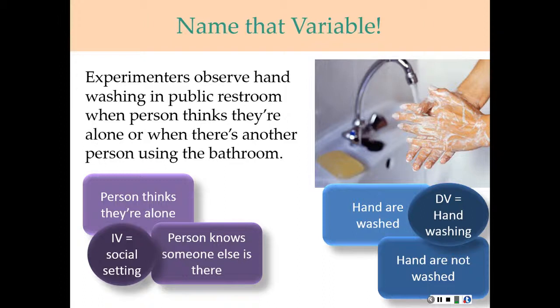It turns out 9% of people back in the 1970s washed their hands after using the bathroom when they thought they were alone. And when they knew somebody else was there, it jumped to 90%. So the social setting really did matter back in the 1970s. There's a lot of pressure to wash your hands when somebody else was there and not a lot of pressure to wash your hands when there was not someone there.